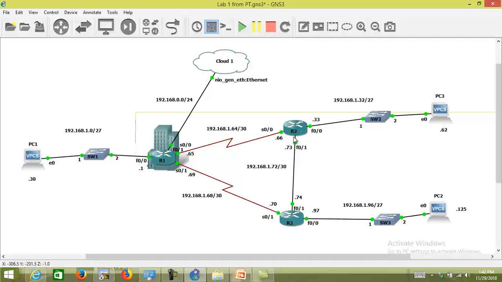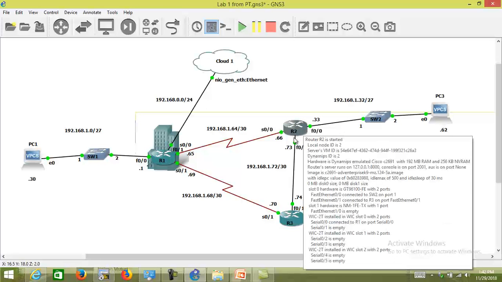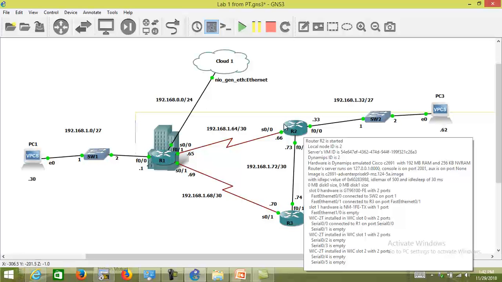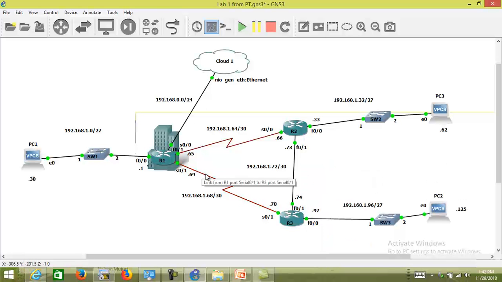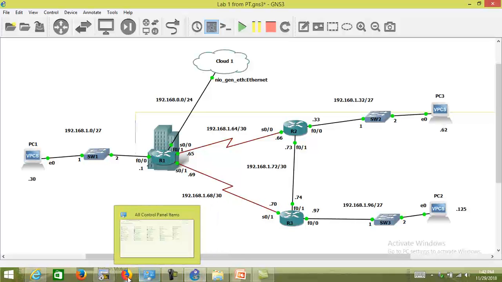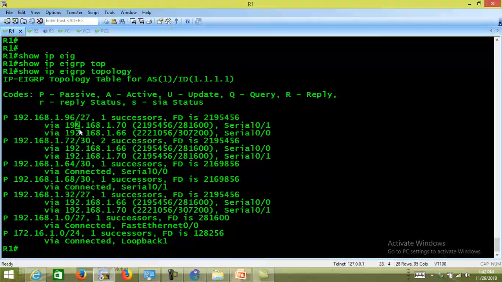Of course, we can go to the interface and change the bandwidth or delay, maybe add a higher delay so that this does not meet the feasibility condition and fails to be a feasible successor.